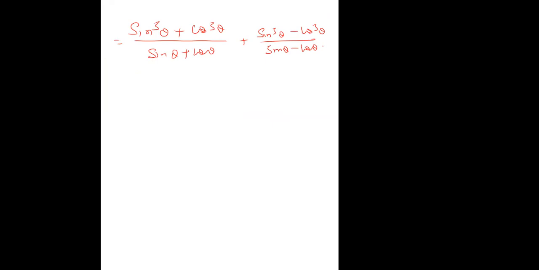Use the basic formula of a cube plus b cube. a plus b will be cancelled out. a square plus b square means sin square theta plus cos square theta plus sin theta cos theta. Similarly, this will be sin square theta plus cos square theta minus sin theta cos theta. This will be minus and this will be plus, so these two cancel. 1 plus 1 will be 2. Very simple. Okay?